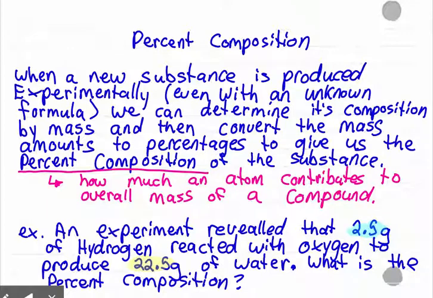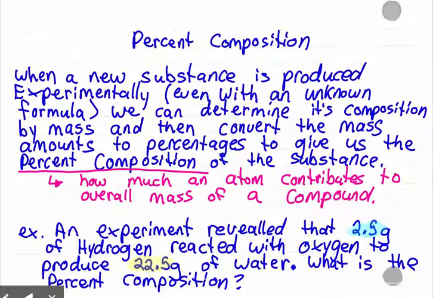So we can figure out how much of everything is in a new substance. This is common in pharmaceutical companies when they develop new medications, and in plastics, etc. So percent composition is basically what it sounds like.